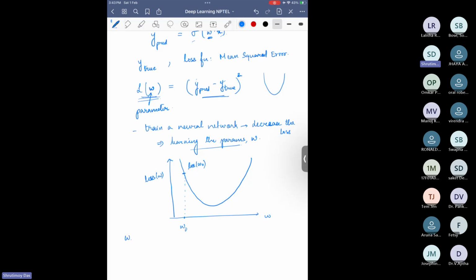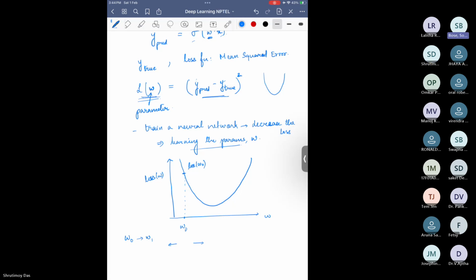Say from w0, I do some algorithm, I do gradient descent, and I go to w1. So in which direction should my w1 be? Should I go left? Should I go right? So this is right, this is left. Which direction should my w1 be?